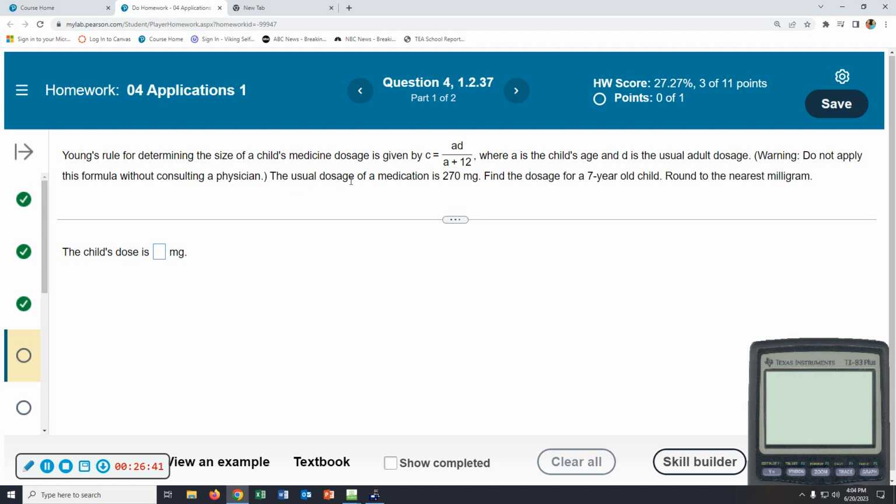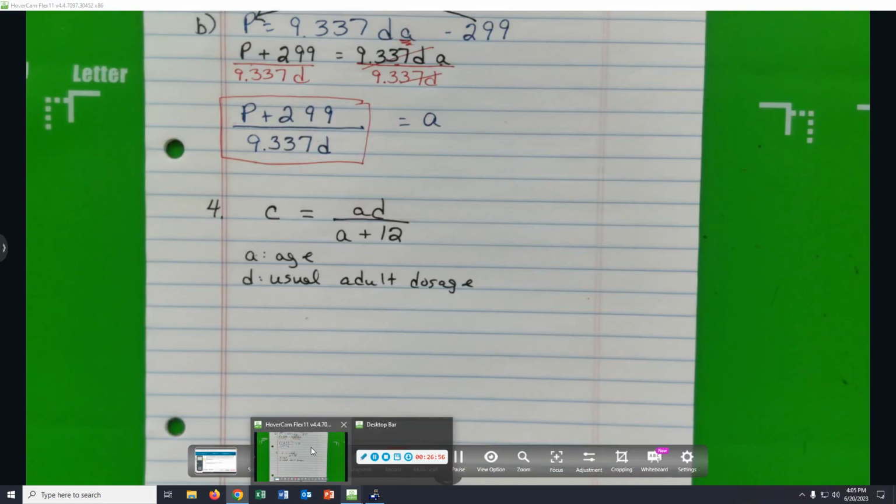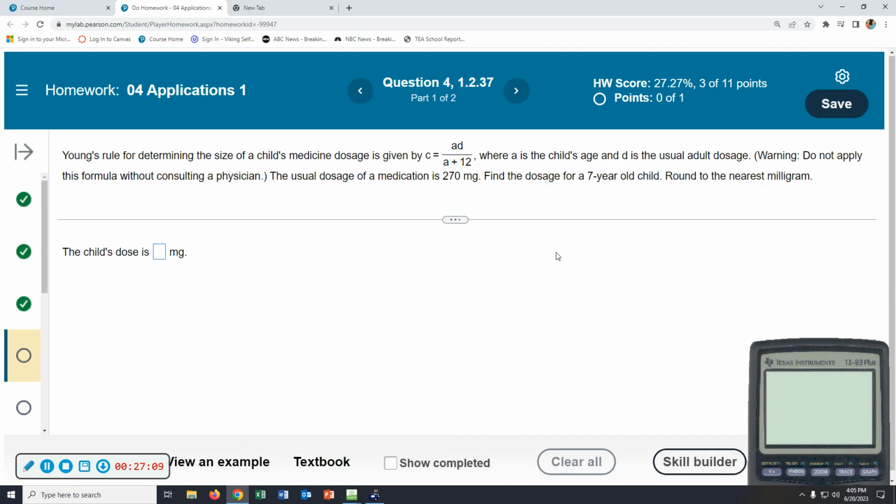Okay, the usual dosage of a medication is 270 milligrams. Find the dosage for a 7-year-old child. So at this point, I've written out the formula and what the A and D stand for. Let's look back at the problem and see what is the value of A and what's the value of D that we're given.